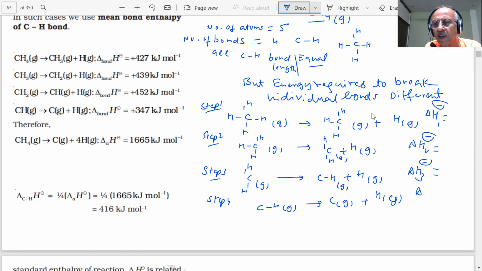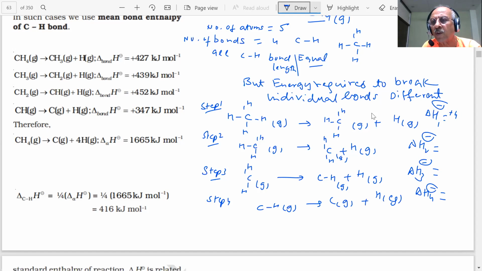This will be delta H4. How many steps have I shown? I have shown 4 steps, so the enthalpies of the 4 steps are different.